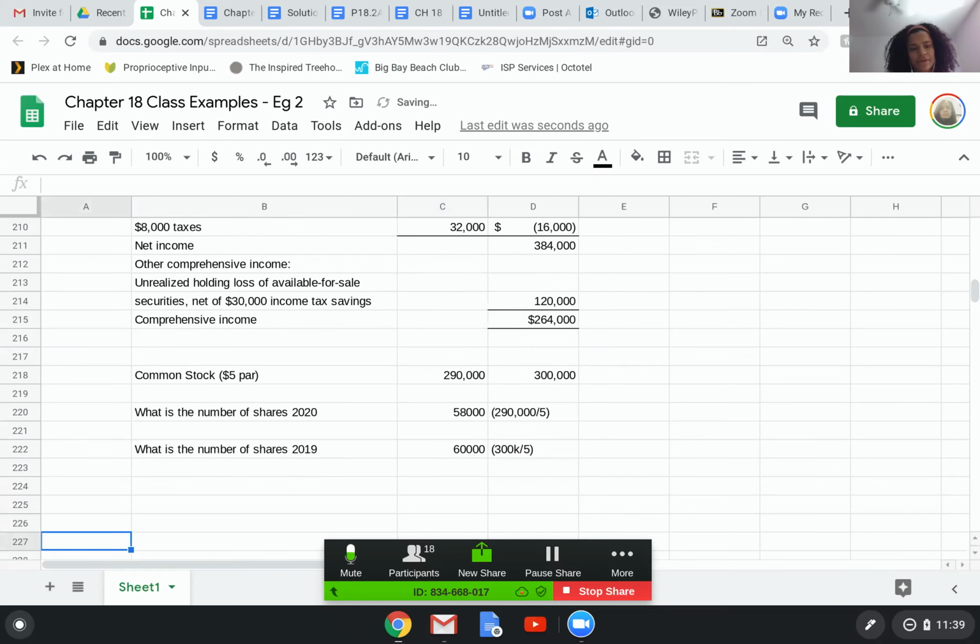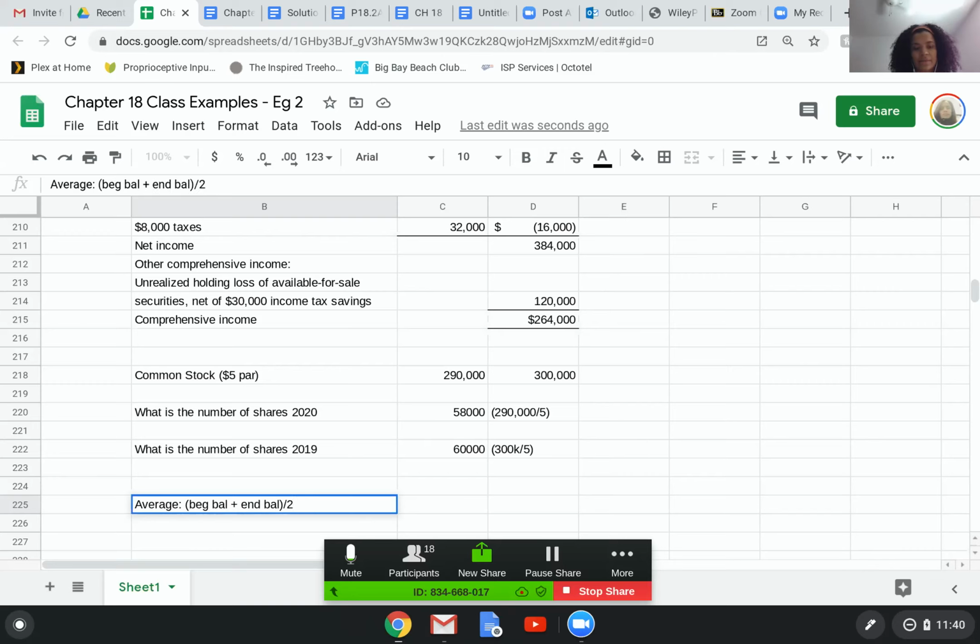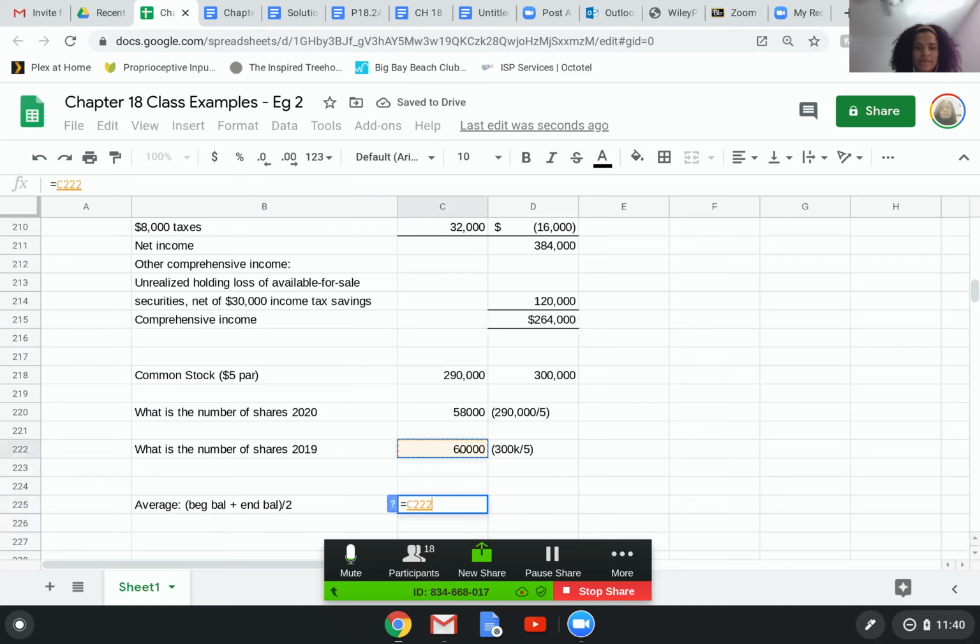And as a reminder to everybody, for any average that you're doing for these formulas, you remember this from last week, it's the beginning balance plus the ending balance divided by 2. That's how we calculate it. So we've got the 60,000, which I guess the ending balance for 2019 is the beginning balance for 2020. So maybe they're not that crazy with doing this.